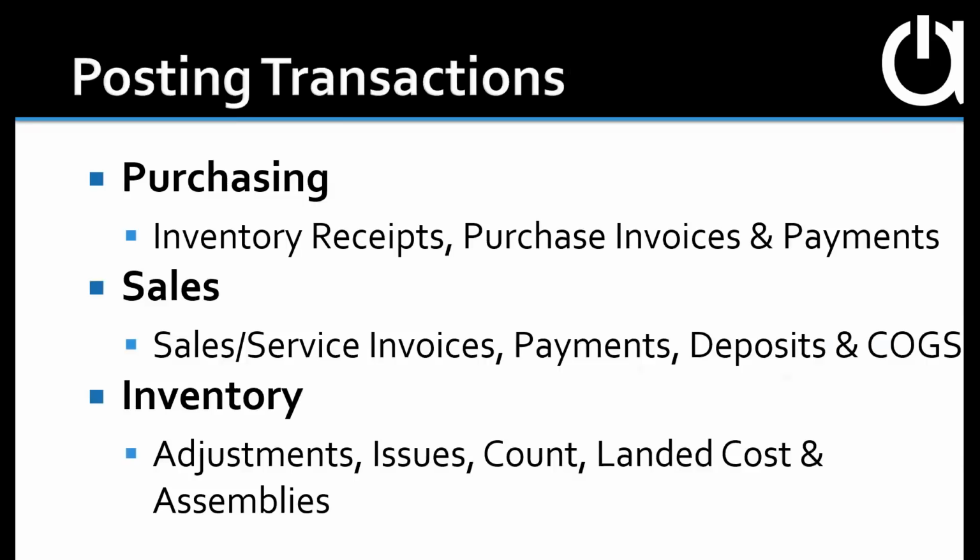So once you turn a sales order into an invoice, it goes to QuickBooks. If you're receiving payments inside of Acctivate, those will go over to QuickBooks, and your cost of goods sold will go over to QuickBooks from the sales. Inventory adjustments, issues, we're going to talk about issues, inventory counts, landed costs, and assemblies.